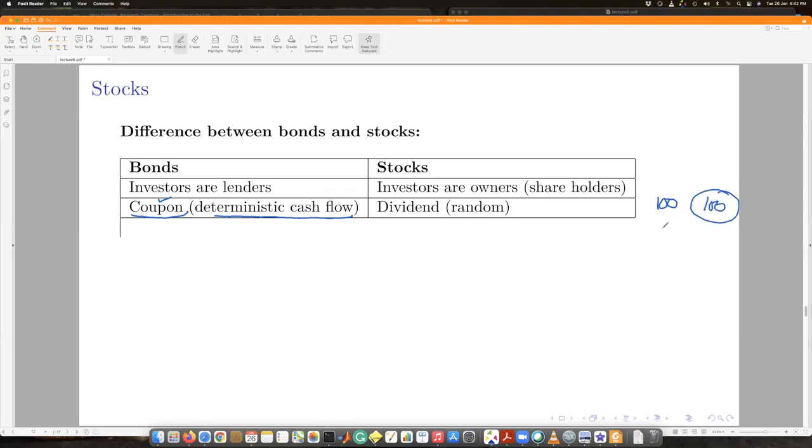Then each share will have the right of 1 rupee, right? So this 1 rupee will be fully or partly given as a dividend. Say, for instance, 20% of it may be given as a dividend and the remaining 80% will be reinvested in the business. This is just an illustration.